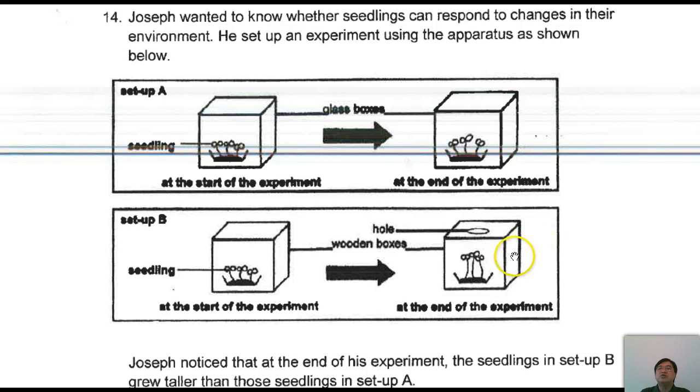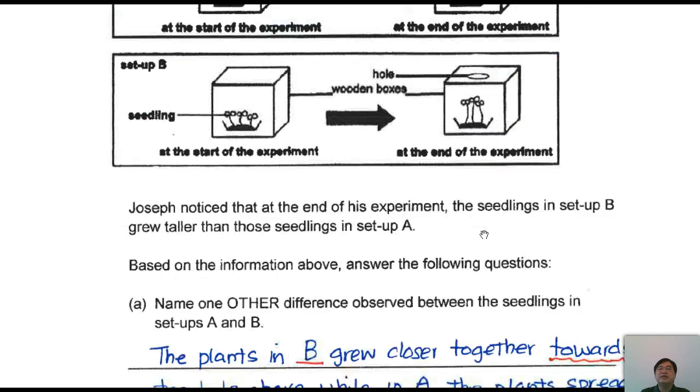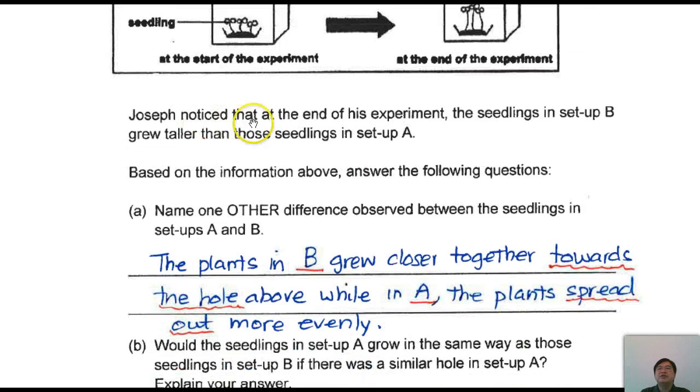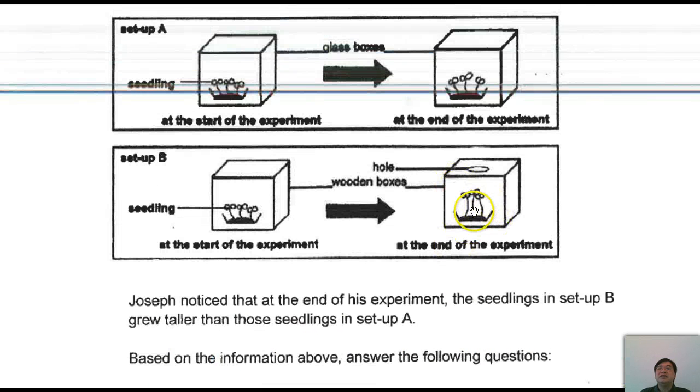No light goes through at the side, but it comes through on top where the hole is. So Joseph noticed that at the end of the experiment, seedlings in B grew taller than those in setup A. It means this one grew taller compared to setup A, because it could stretch itself nearer to this part. The rest has no light.